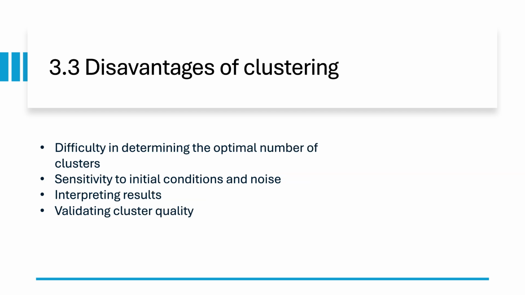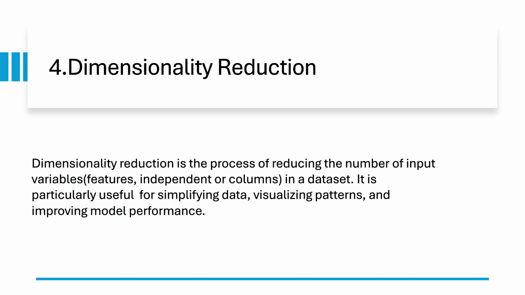But there are disadvantages, and these include difficulty in determining the optimal number of clusters, sensitivity to initial conditions and noise, interpreting results, and also the validation of cluster quality. It can be quite a challenge.